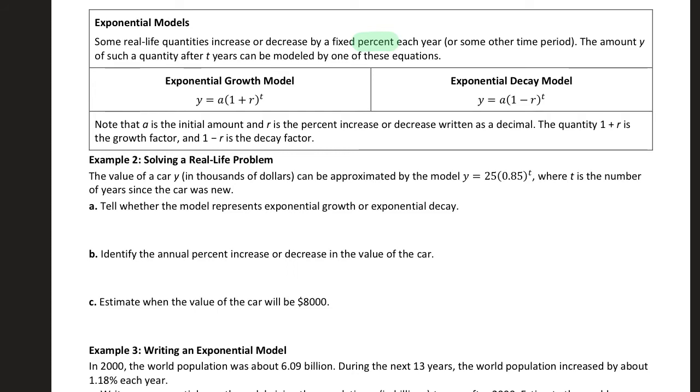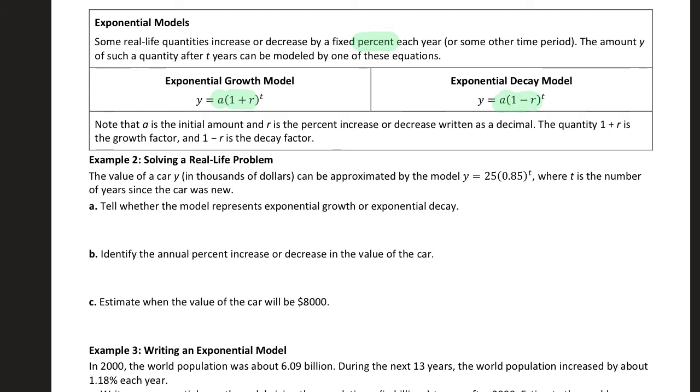So a growth model has a starting value of A, okay? A is our starting value, and then our growth rate is 1 plus our rate of growth. So if something grows by 9%, you would take 1 plus 9% as a decimal, and raise it to the t power. For decay, we take a starting value of A still, and then 100% minus our decay rate.